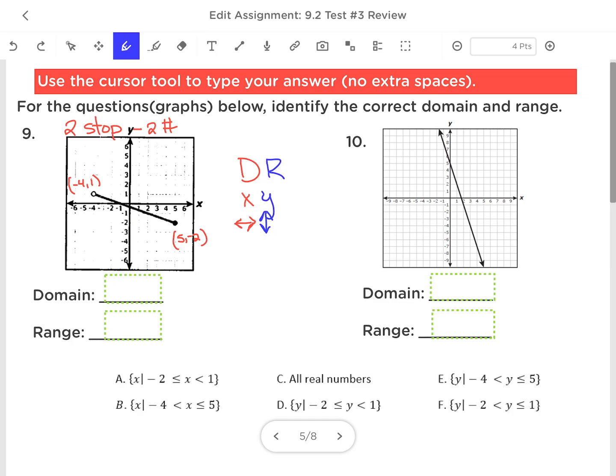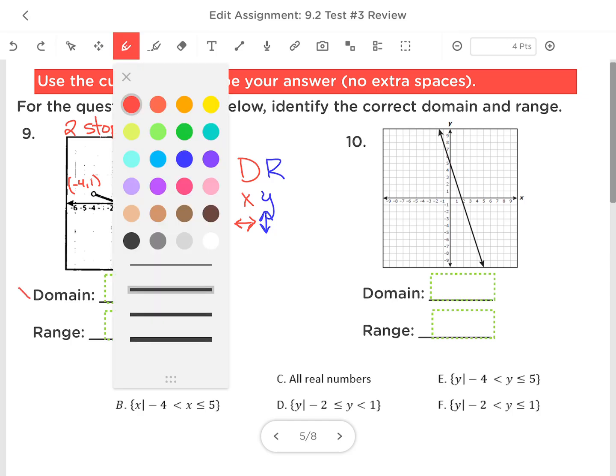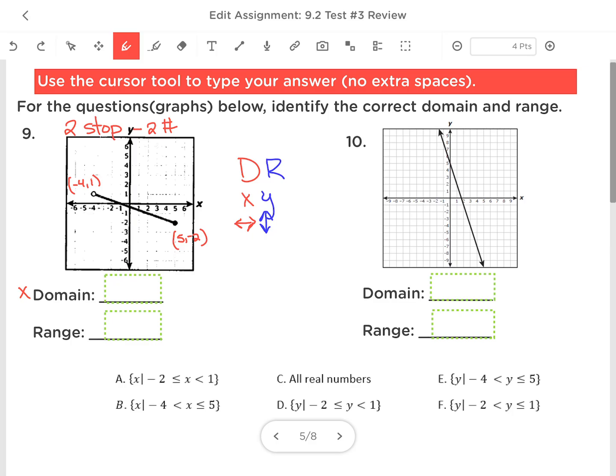Okay, that's okay. So, our domain is our X values. Remember, we're cropping the picture. So we want to go from the X value of negative 4 to the X value of 5. So we have negative 4 to 5. Remember, no line, open circle.